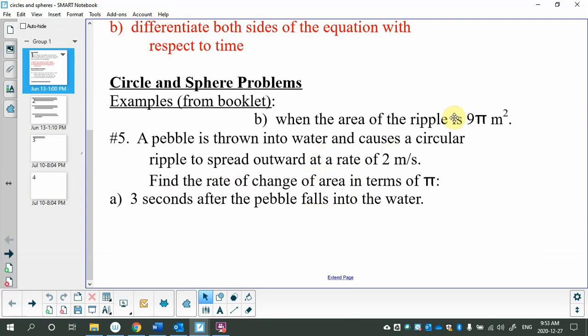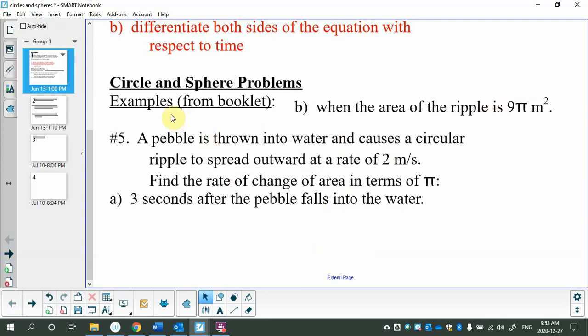So let's try question A. As it says here, the examples are from the booklet. So there is a booklet on the Google site. And this must be number 5, so you don't have to write it down if you don't want to. A pebble is thrown into water and causes a circular ripple to spread outward at a rate of 2 meters per second. So what I like to do for these questions is I like to write down all the stuff I have. So I now have dr by dt, the change in radius over the change in time.